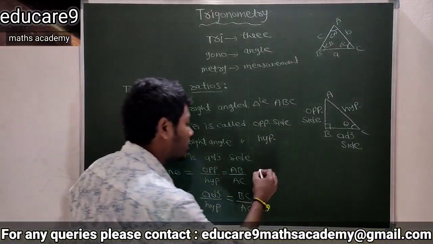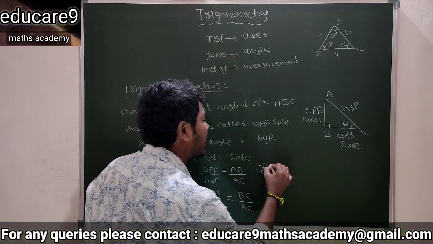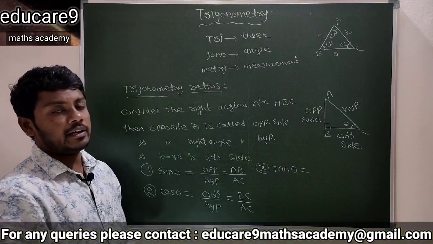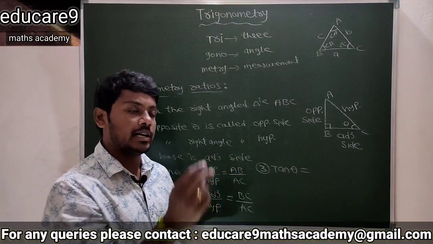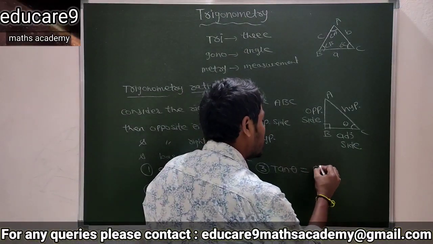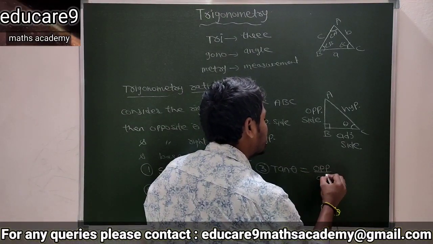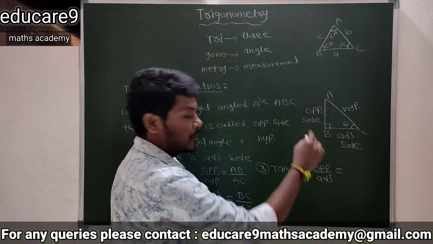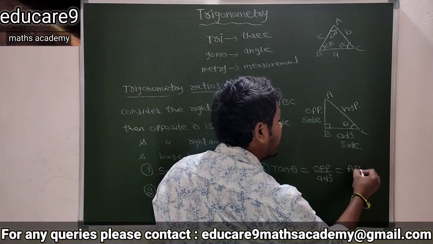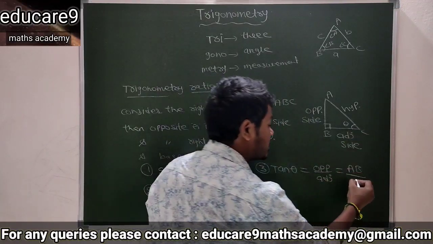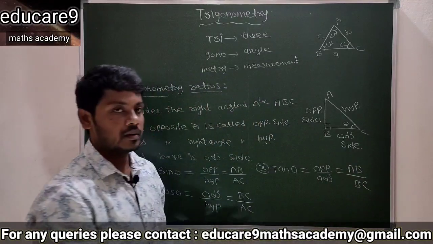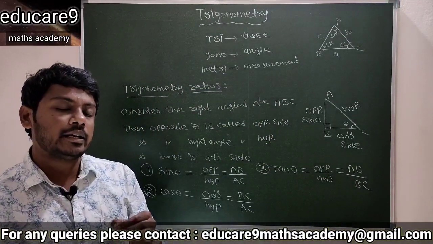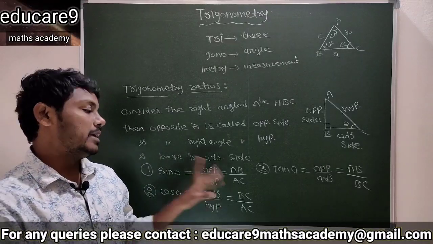So next one, tan theta. Here tan theta is defined as opposite side by adjacent side. But what is the opposite side? That is AB. And the adjacent side is BC. So for the numerator and denominator, divide by AC.